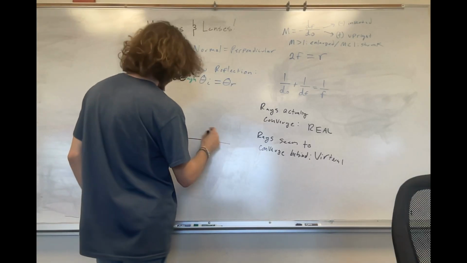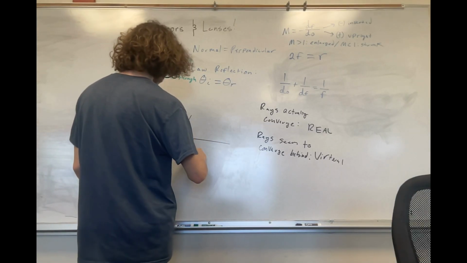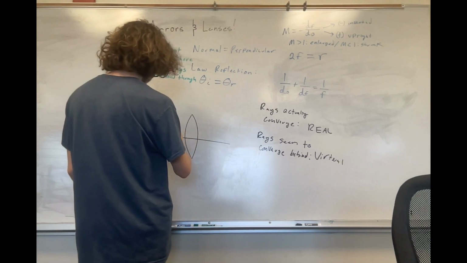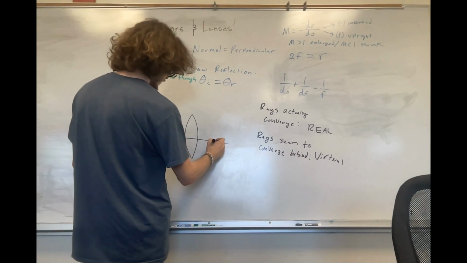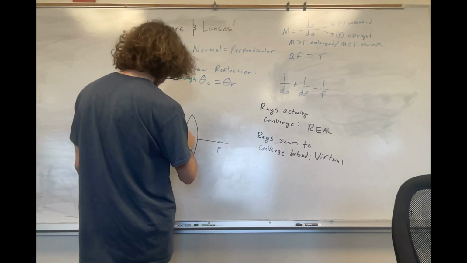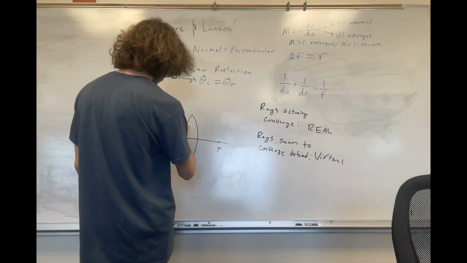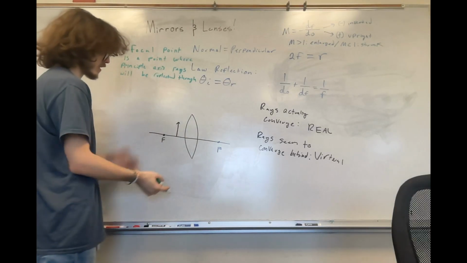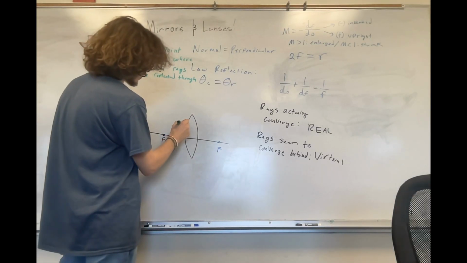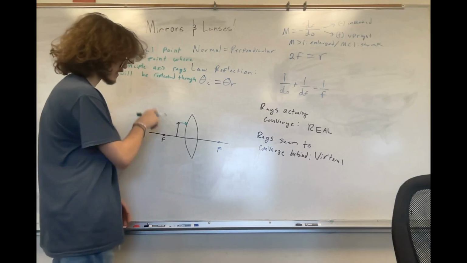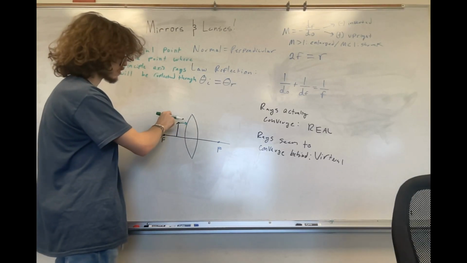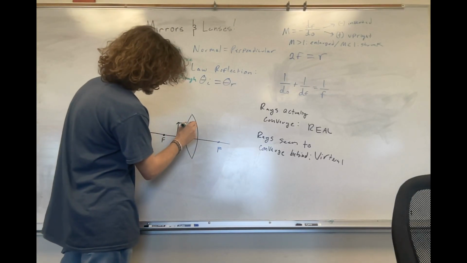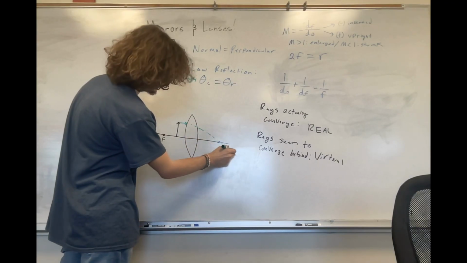Okay, so maybe something like, say F is here, F is here. Okay, so we have this scenario. Let's imagine our guy has a principal axis ray emitted from him straight on. Well, it's going to try to go through the focal point.